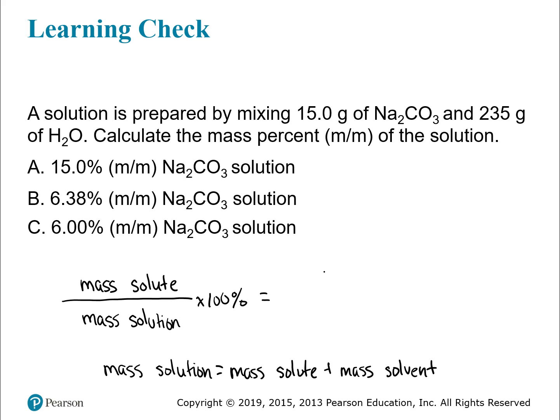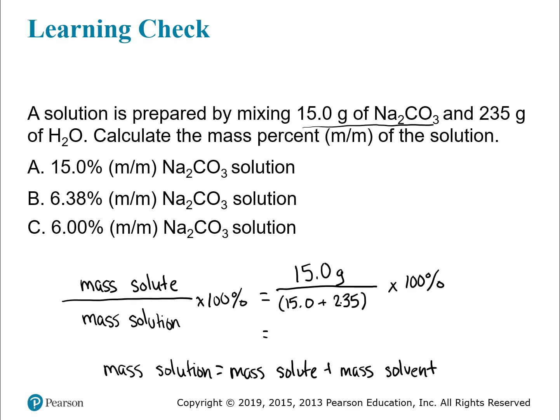So the solute, we have 15 grams. The mass of the solution is going to be the sum of the solute plus the solvent, which is water, and we multiply that by 100%.